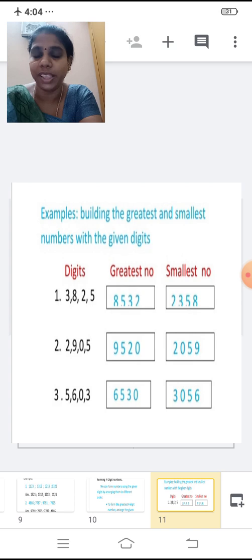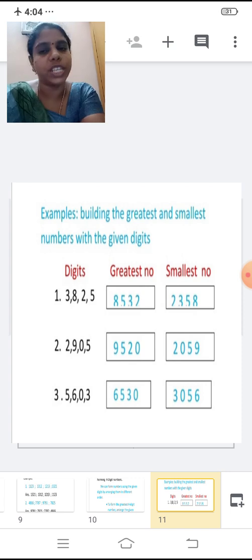How will you build the smallest number? Arrange the digits from smaller to bigger. Which is the smallest digit? 0, right? But 0 does not have any value, right? So you should not place the 0 in front. 0 has no value, so now leave the 0. Now tell me, which is the smallest number after that? 2, right? So 2, then you put the 0 now.